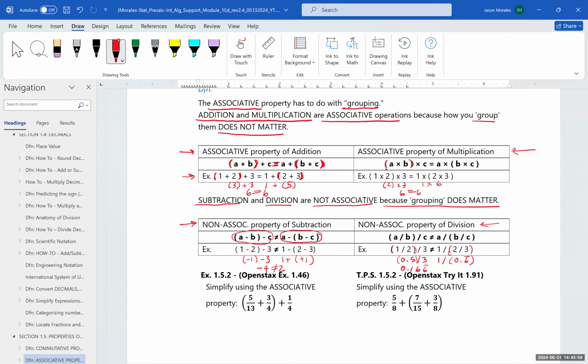Let's see here. Okay, it comes out to 1.5. And so you can see 0.166 repeating is not the same as 1.5. Okay, so division is also not associative.